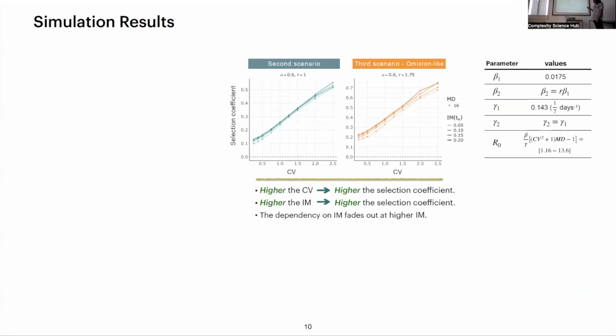So in the second scenario and the third scenario, the Omicron-like scenario, what we observed was that the selection coefficient increases with the coefficient of variation, with CV. This means that, as higher CV corresponds to a more heterogeneous structure, heterogeneity favors variants with the ability to reinfect, so it favors variants that are like Omicron.